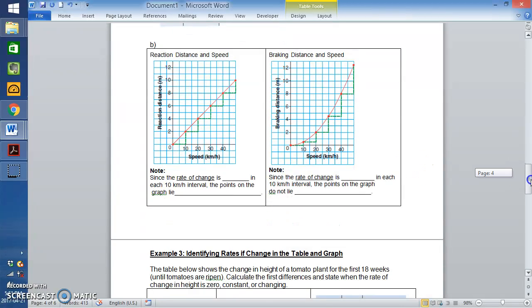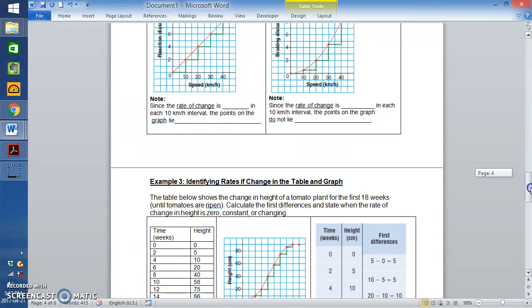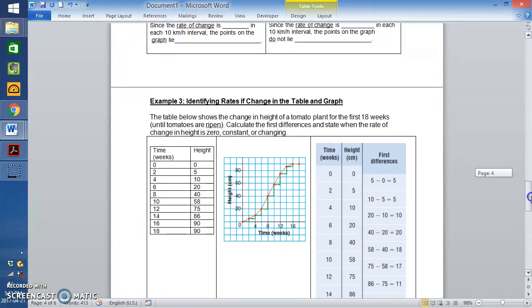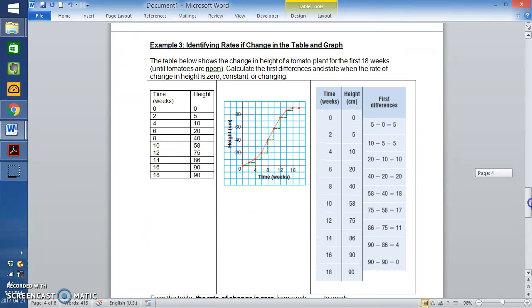All right, now we're going to move on to a different example where we're going to apply all this knowledge and calculate it. On this table, we have the growth of a tomato. The time is measured in weeks, and here is the height in centimeters.